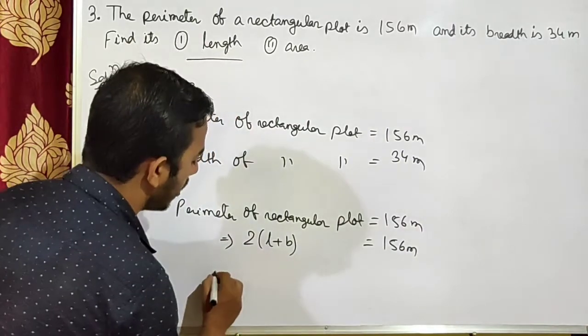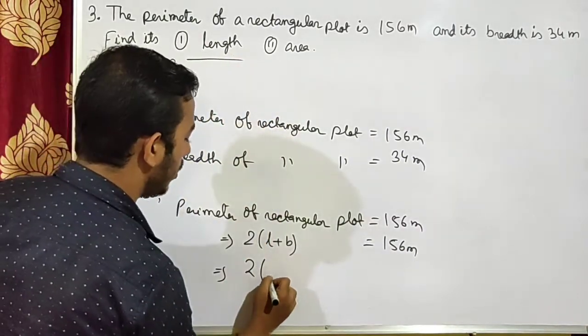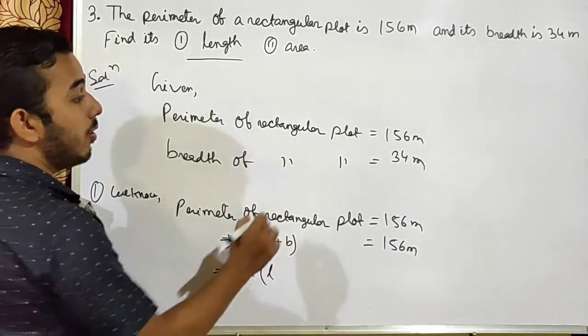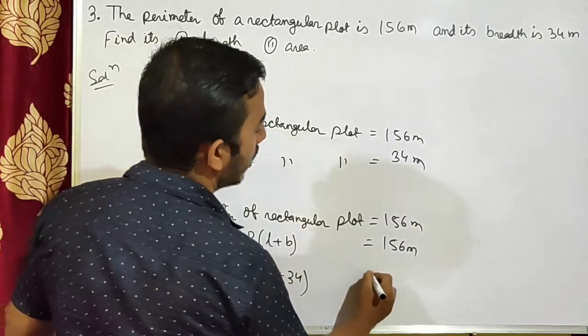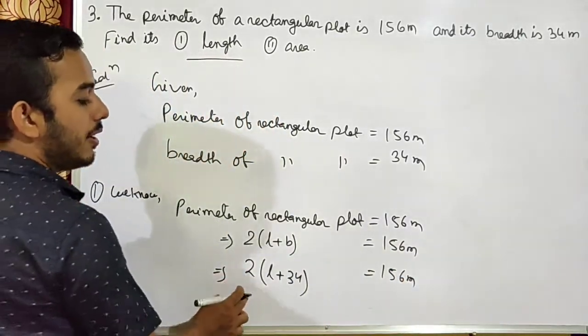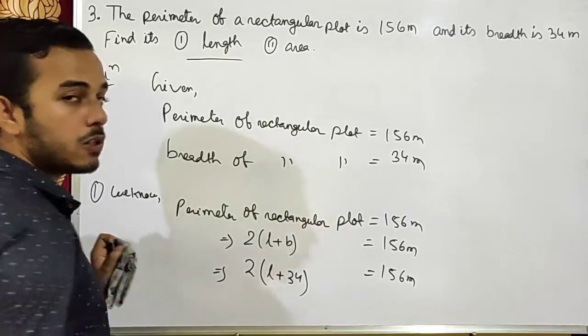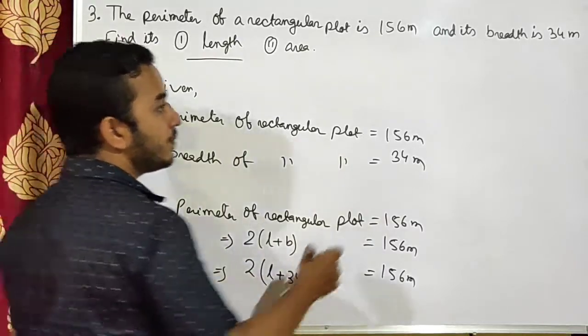We have to find the length. Now breadth is how much? It is 34. Now look, here 2 is multiplied with length plus breadth. So when we change the side, it will be divided.